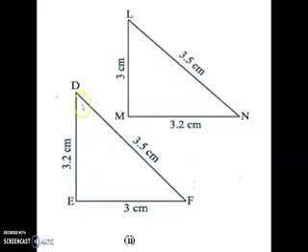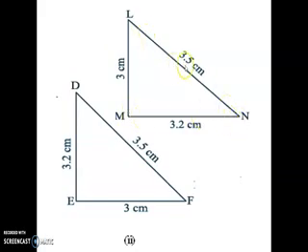Here in these two triangles, triangle DEF and triangle LMN, can you identify the corresponding angles? First you have to see the corresponding sides. Here this side DF is corresponding to the side LN of triangle LMN.